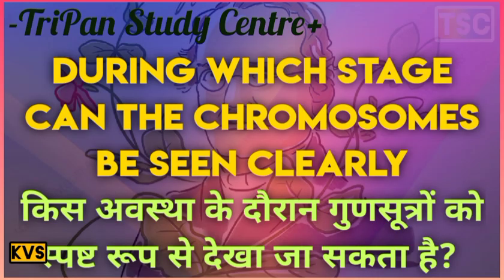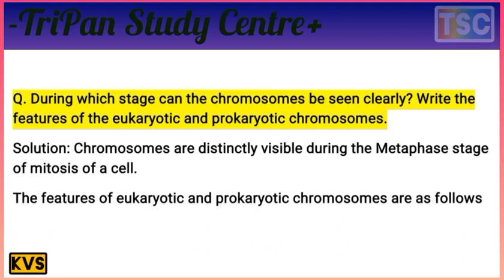But the next question arrives here, that's important. During which stage can chromosomes be seen clearly? You know that the question is clear here. During which stage can chromosomes be seen clearly? Write the features of eukaryotic and prokaryotic chromosomes.